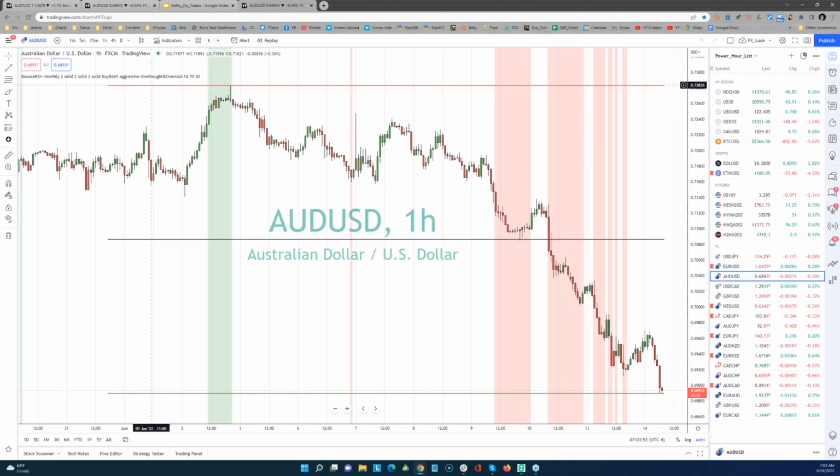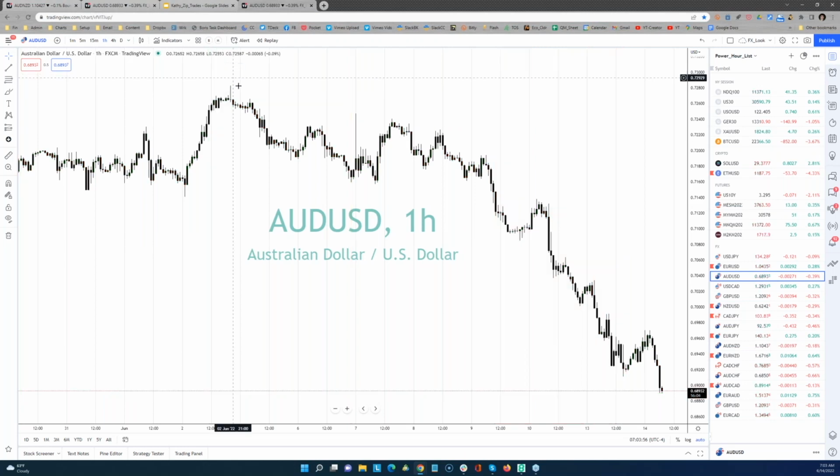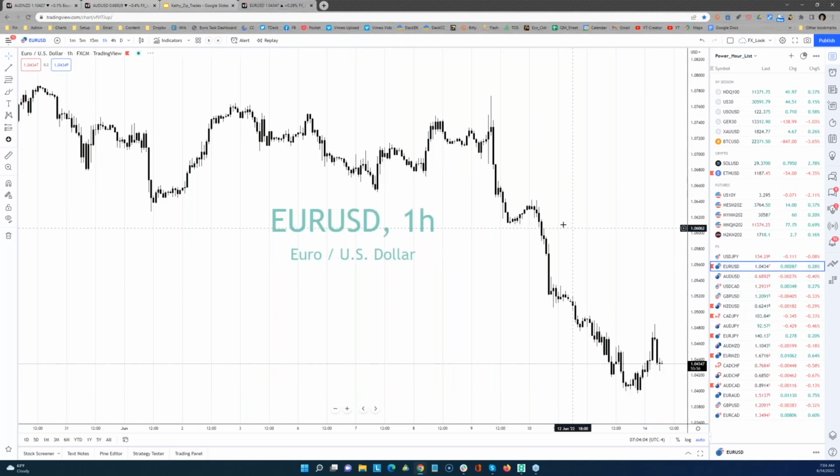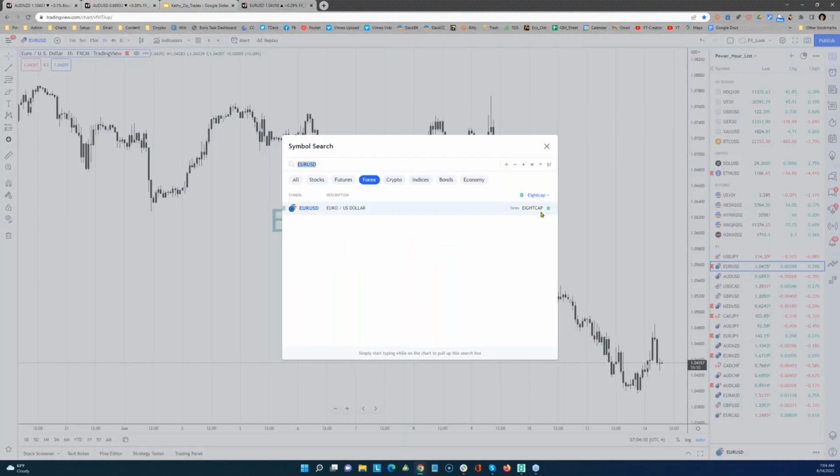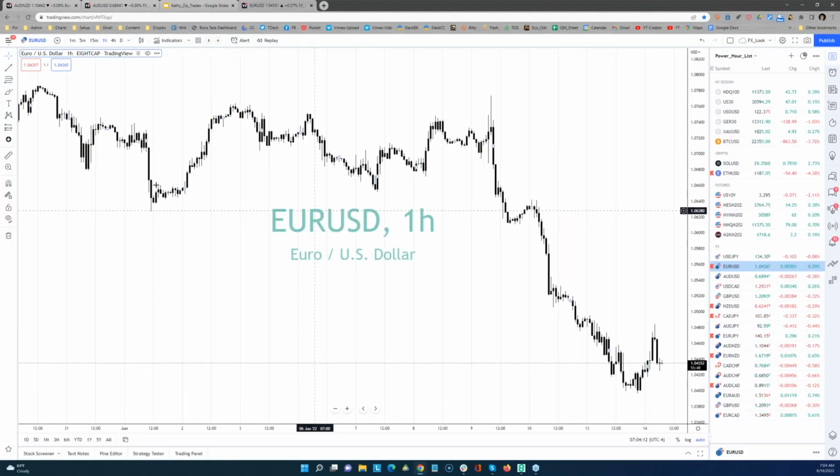I'm going to remove this proprietary indicator, and here's a simple chart of Eurodollar. One of the things you want to make sure is that you want to be using the Eightcap feed. It'll tell you the feed right up here. So here's a Eurodollar Eightcap feed, 1 hour chart.